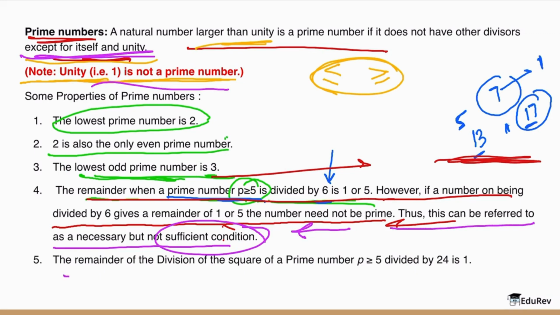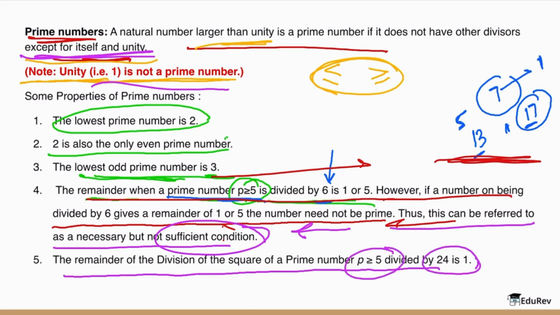Next is the remainder of the division of the square of a prime number greater than 5 divided by 24, which is 1.